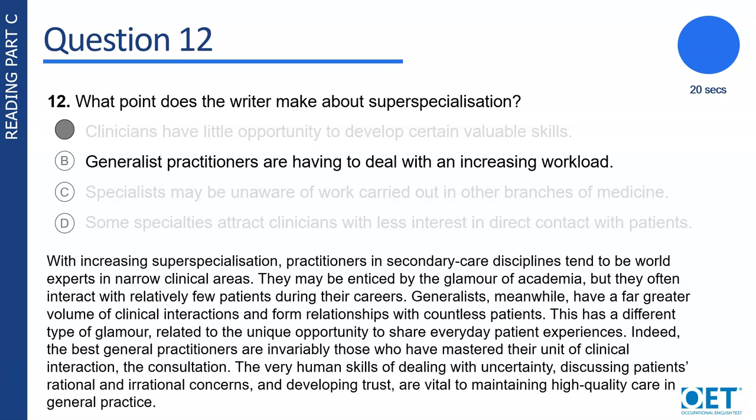Line 3 mentions that generalists have a far greater volume of clinical interactions and form relationships with countless patients. Can you see how this is a distractor? A far greater volume seems to match with increasing, but there is no evidence for the rest of this option. There is no mention of the workload generalists have or whether it's increasing, just that they have more interactions with patients than super specialists.